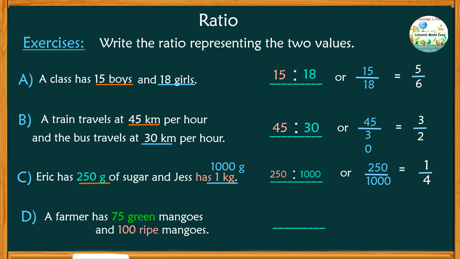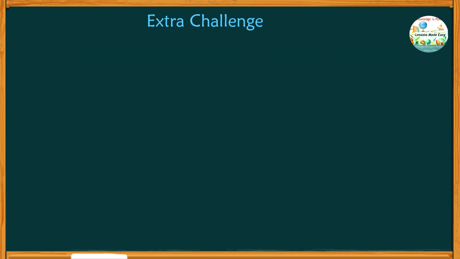A farmer has 75 green mangoes and 100 ripe mangoes. The ratio is 75:100, written in a fraction form as 75/100 or 3/4. Try to do this extra challenge by yourself.